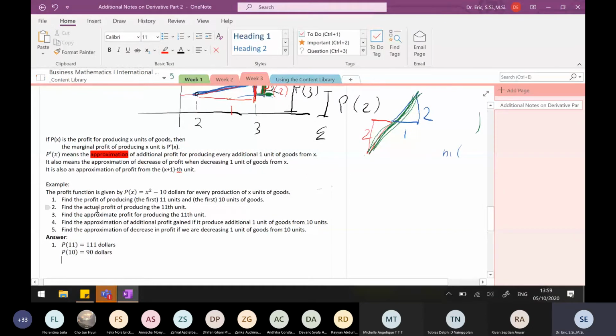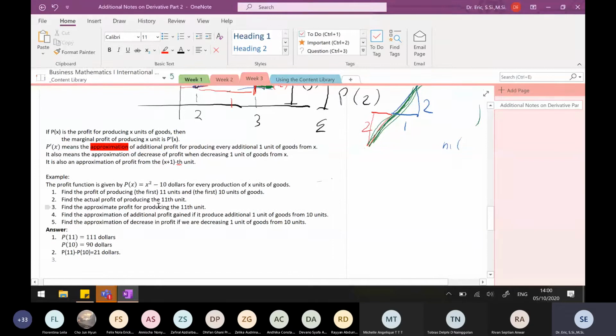What is the actual profit for producing the 11th unit? It is given by P11 minus P10. So this is just $21. Correct me if I'm wrong. So this is the actual profit.